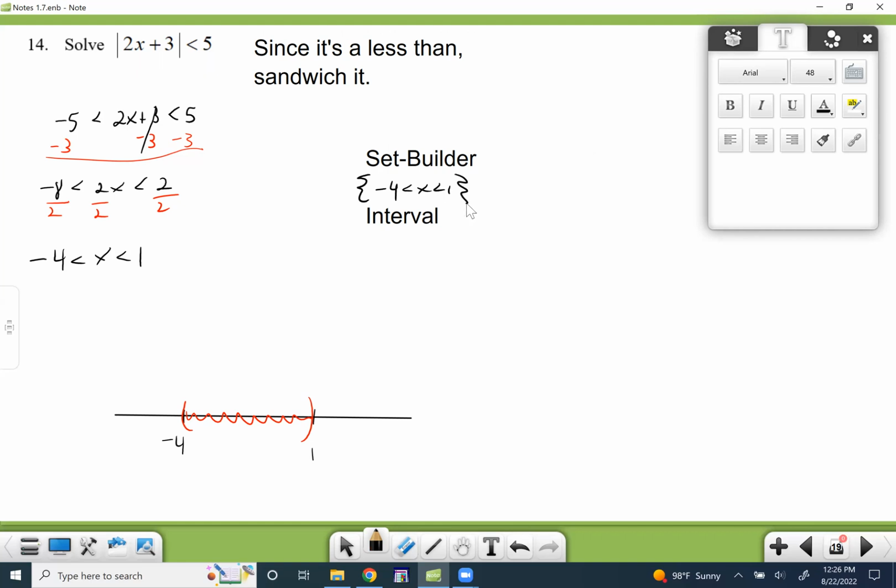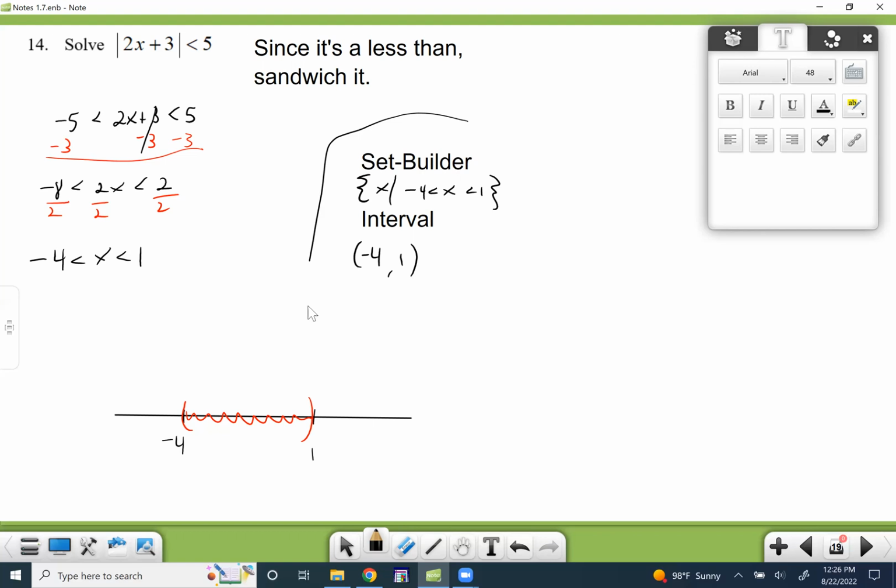Oops, I forgot all x such that, right? Erase, guys. All right, all x such that, and then write that, right? For the interval, it looks like they're both going to be parentheses, both the -4 and the 1.